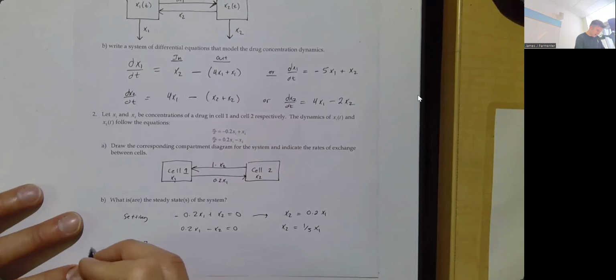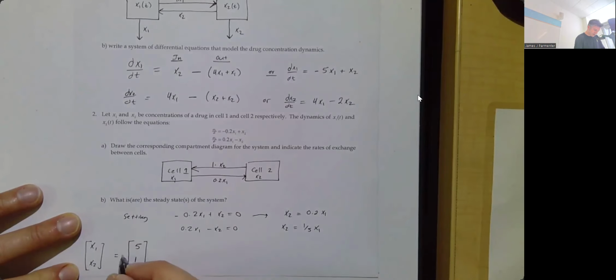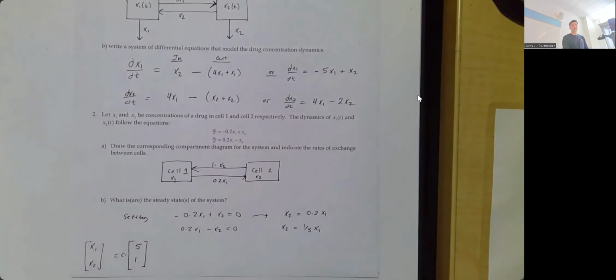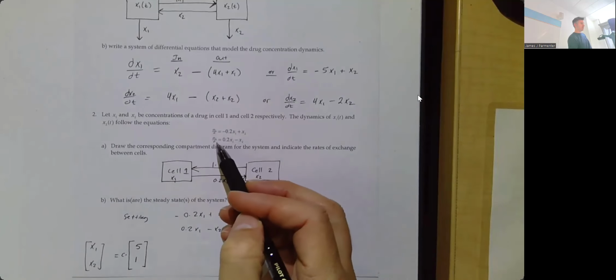This is our steady state, where (X1, X2) is equal to any multiple of (5, 1). Because as long as X1 is 5 times as much as X2, both of these dx1/dt and dx2/dt will equal 0.